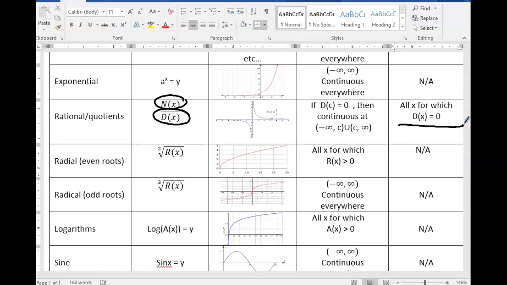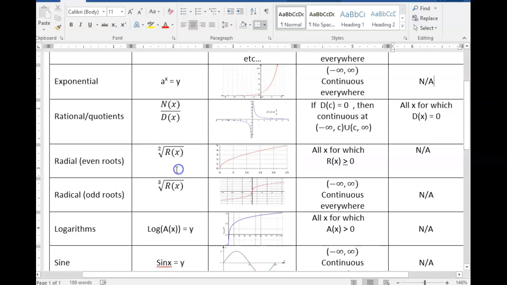It would be continuous everywhere else, though. So if the bottom equals 0 at c, then your function is continuous from negative infinity up to c, and from c up to infinity, but not including c. Okay? So that's the continuity and discontinuity of a rational function.